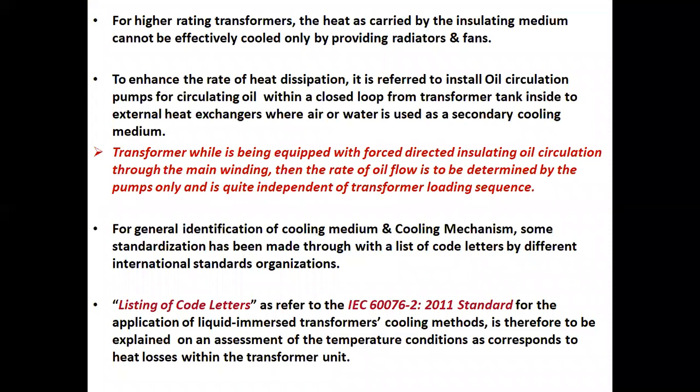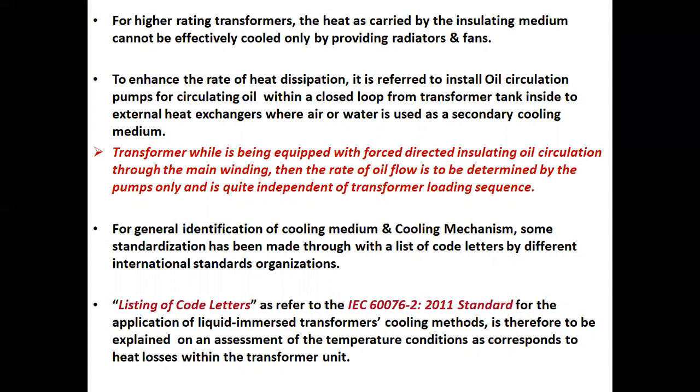For higher rating transformers, the heat carried by the insulating medium cannot be effectively cooled only by providing radiators and fans. To enhance the rate of heat dissipation, it is preferred to install oil circulation pumps for circulating oil within a closed loop from transformer tank inside to external heat exchangers where air or water is used as a secondary cooling medium.